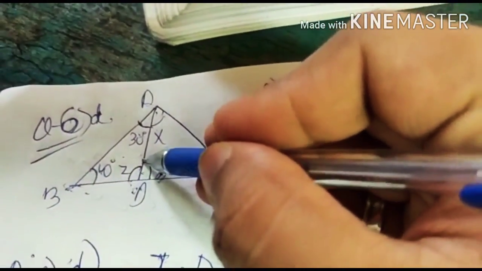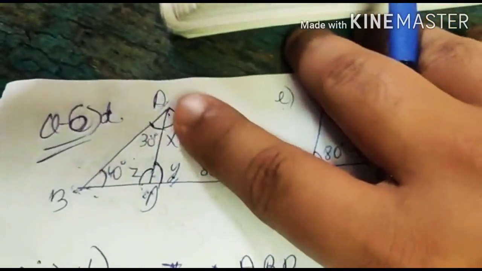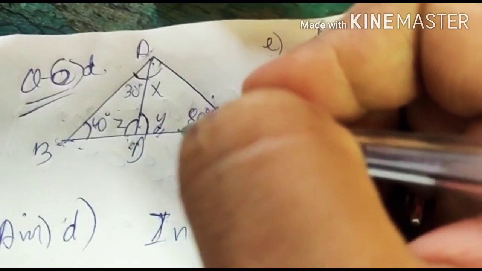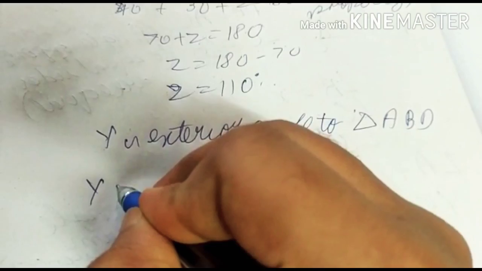Y is exterior to this triangle ABD, coming outside it along with z, so y is an exterior angle. We had a property that an exterior angle is always equal to the sum of the interior opposite angles. So y is equal to the sum of the interior opposite angles, excluding this z, that is this 30 and 40, meaning ABD and BAD. Exterior angle is equal to the sum of interior opposite angles.